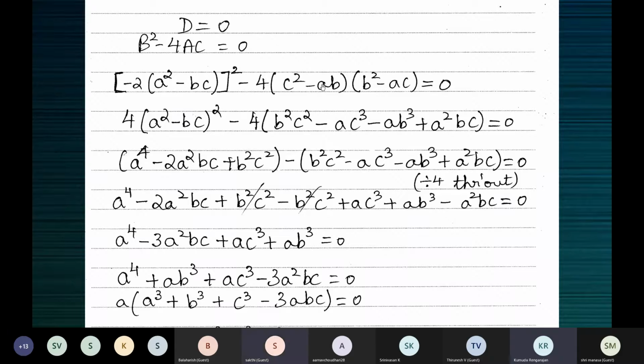I did not talk about the multiplication because I assume that you know c square into b square is b square, c square into ac is ac cubed. And you'll have to multiply the signs, plus into minus is minus. Just in case you don't understand, please ask me, I'll tell you. I'll wait for some time, go through the complete answer.